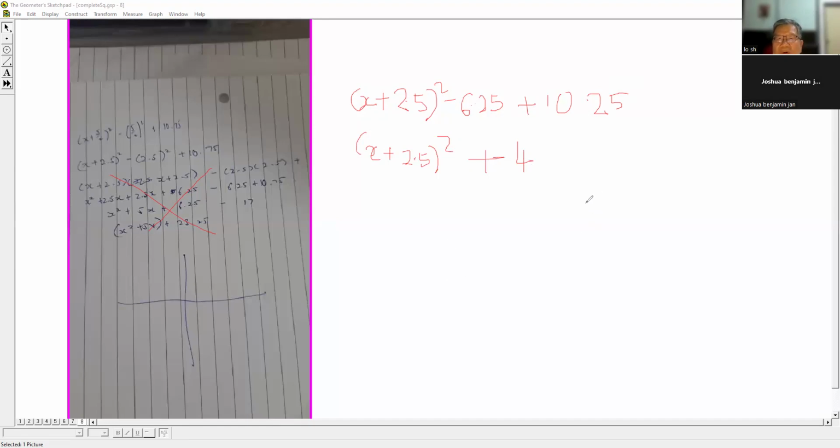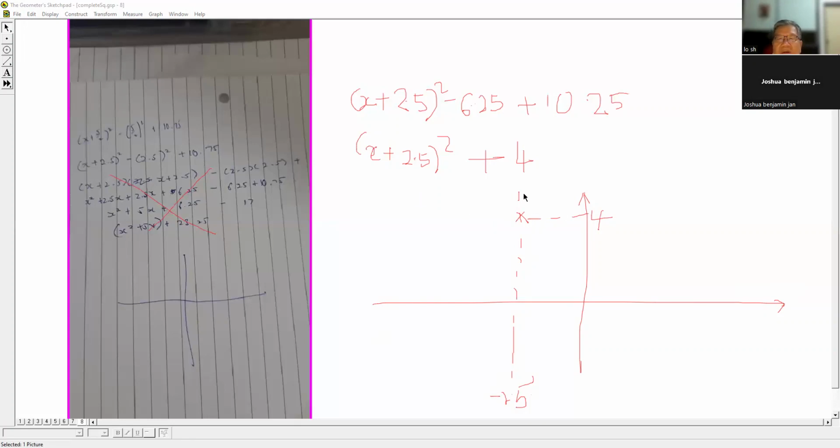So when you want to draw, it will be like this. This one is negative 2.5. Move up 4 steps. This will be 4. Okay.